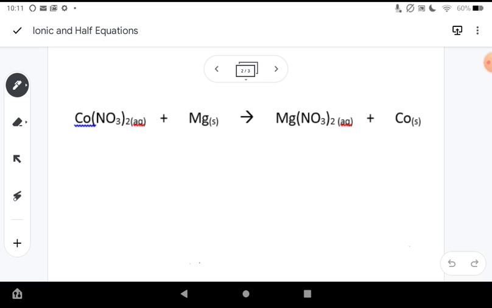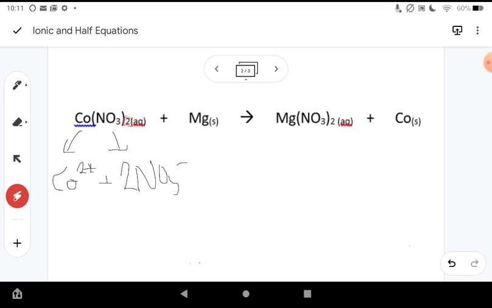So when we do that, we're going to separate these out, which means I've got cobalt 2 plus, which will be aqueous, plus 2 NO3 minus. I've got 2 because there's a 2 here, so that applies to everything in brackets, plus the magnesium here, which is going to stay solid.